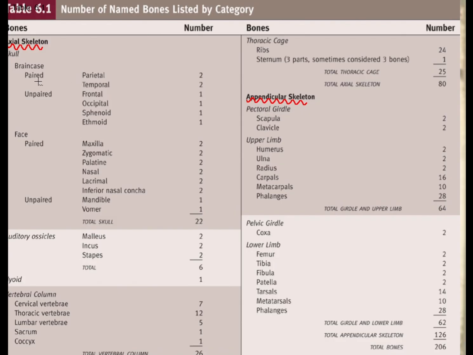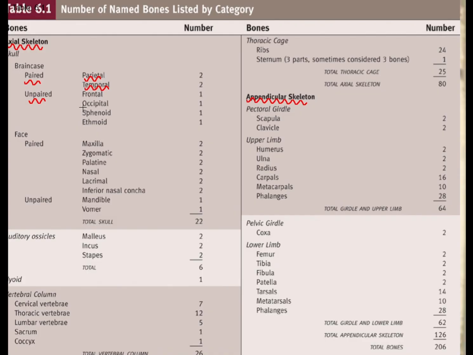पहला जो पेयर्ड में होता है, ठीक है, पैराइटल बोन, टेम्पोरल बोन, ये दोनों पेयर में होता है. So the bones in the skull, the parietal bone and the temporal bone, are in pairs, 2 in number. Then those that are unpaired, single: frontal bone, occipital bone, sphenoid bone, and ethmoid bone.